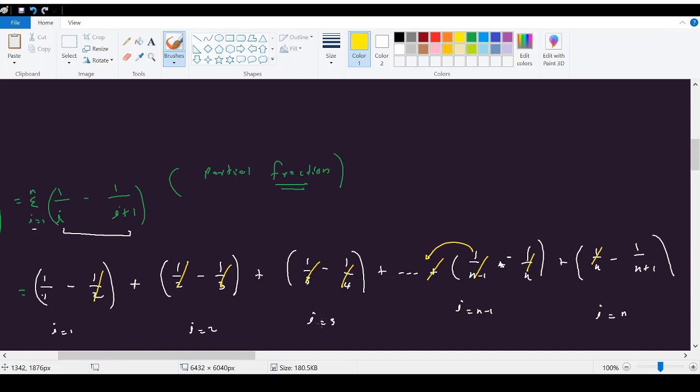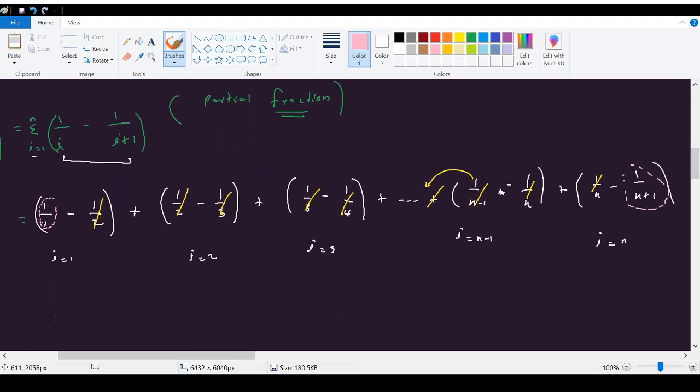So you can see, but the thing is, there are no terms remaining to cancel out this one as well as this one. So what happens is, the partial sum Sn, which was equal to this one, will be reduced down to 1 minus 1 over n plus 1, right? Because these two will be the only terms that remain.